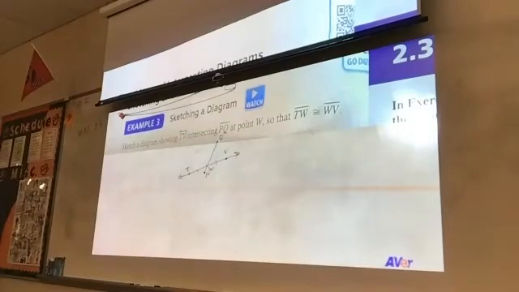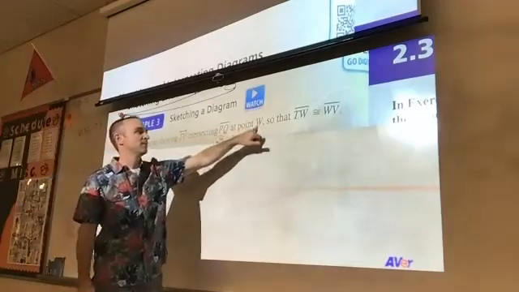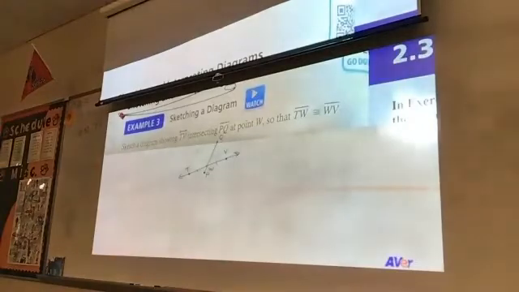So we just need to make sure we have the information provided. The rest of it we can play with and do whatever we want, as long as we've got the line, the segment, their intersection point, and the fact that W is the midpoint there.